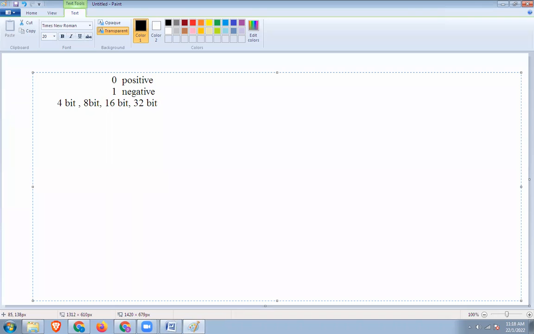Now, one example of 8-bit will be 10101111. This is an 8-bit number.